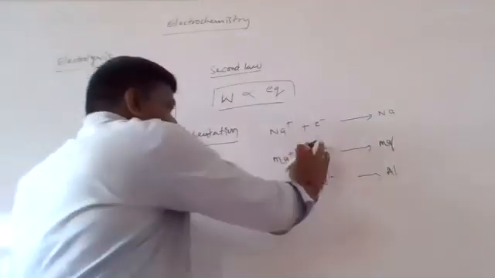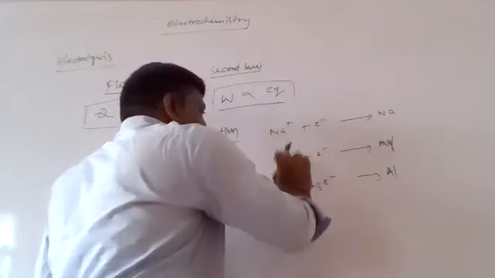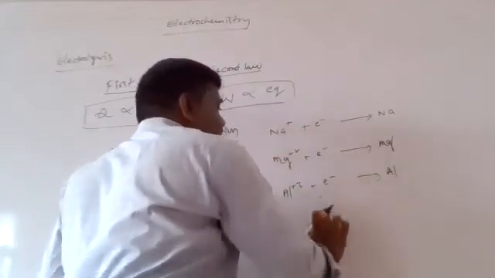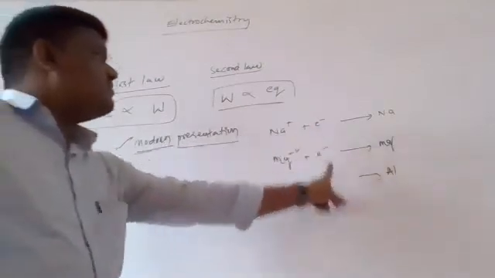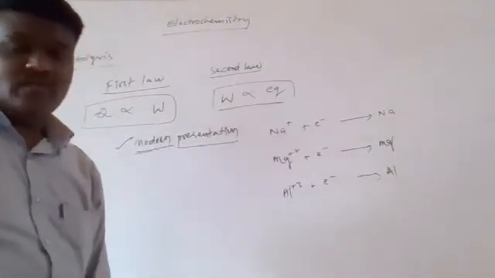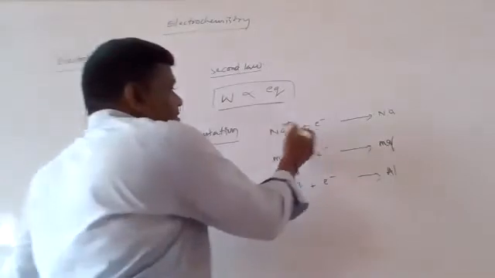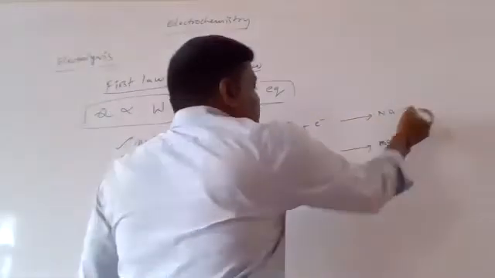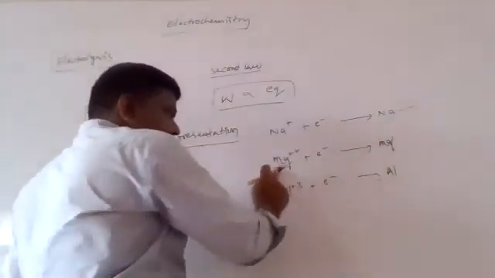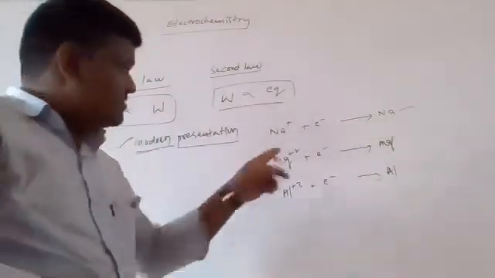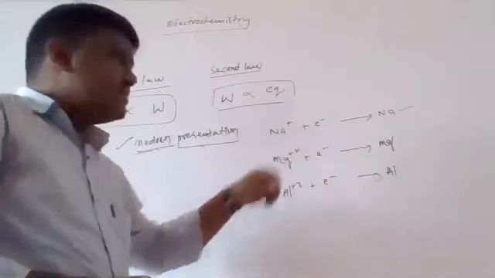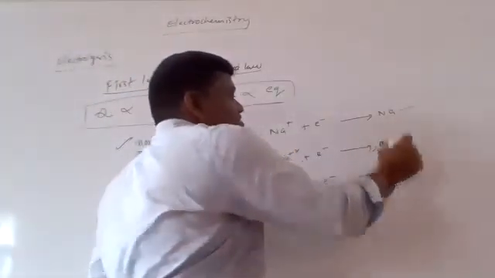In case Na+, Mg2+, and Al3+ are in the electrolyte and we pass one electron only: sodium needs one electron, but magnesium Mg2+ needs two electrons, and we are passing one electron only. Then 1/2 mole of magnesium will be obtained.